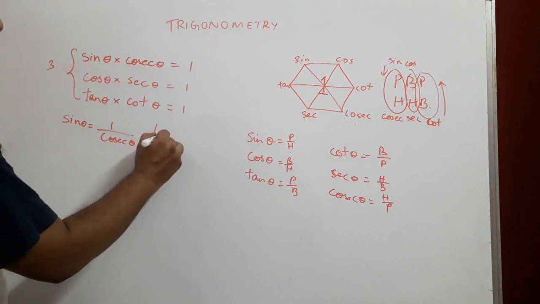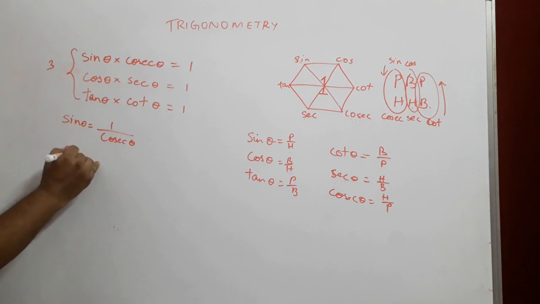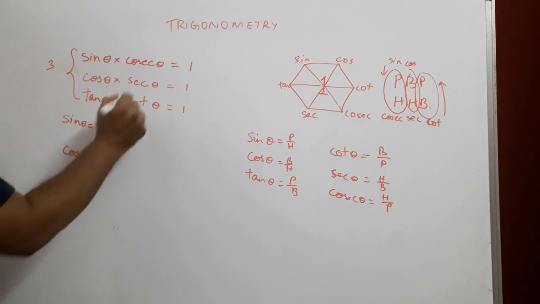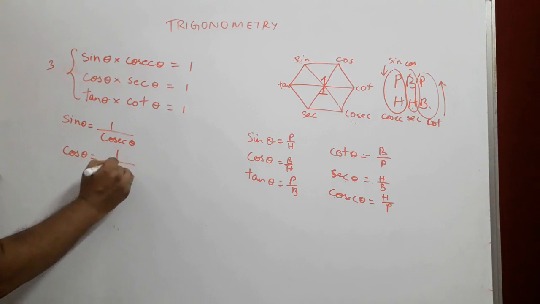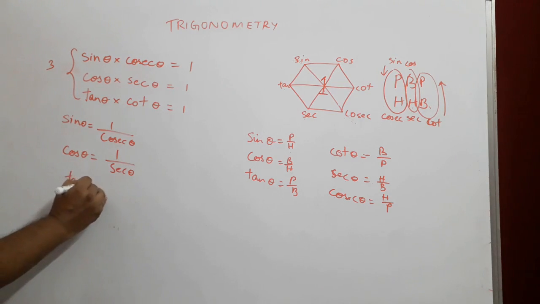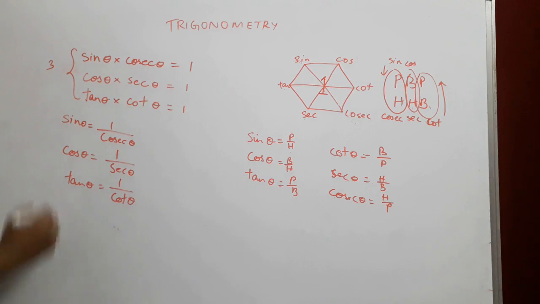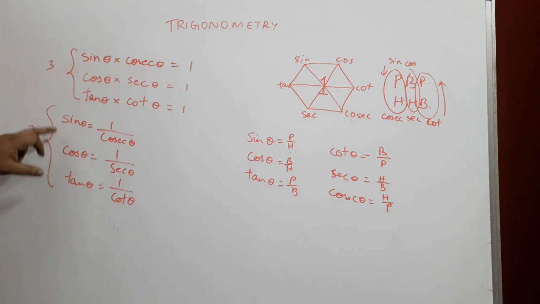So cos theta can be said as 1 upon sec theta, and tan theta can be written as 1 upon cot theta. How many more have we got now? 3 more, this way for sine, cos and tan.